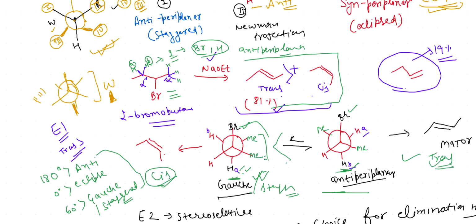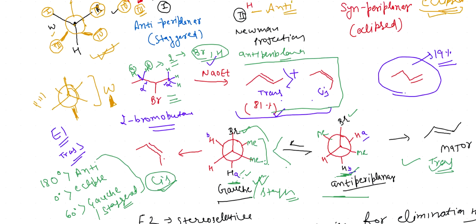So the next possibility, third, is when the hydrogen is abstracted from this carbon. This is also formed in 19%, so this is in minor amount. Because trans and cis are in the major amount, when both trans and cis are formed and trans is dominating cis, for that we use the term stereoselectivity.